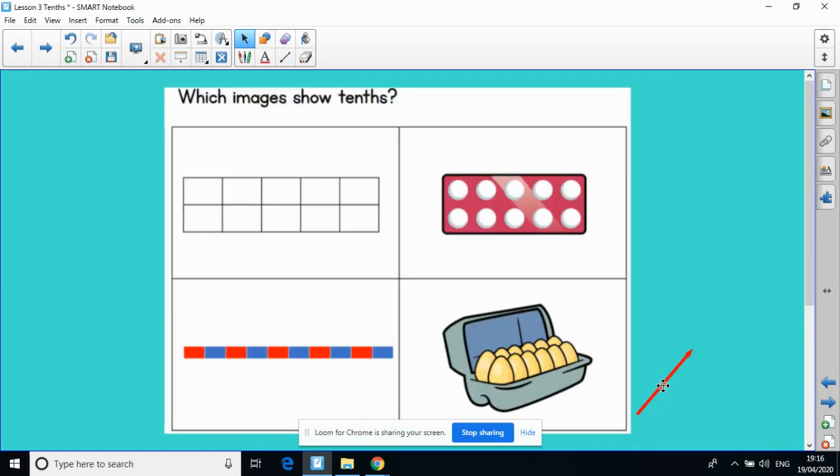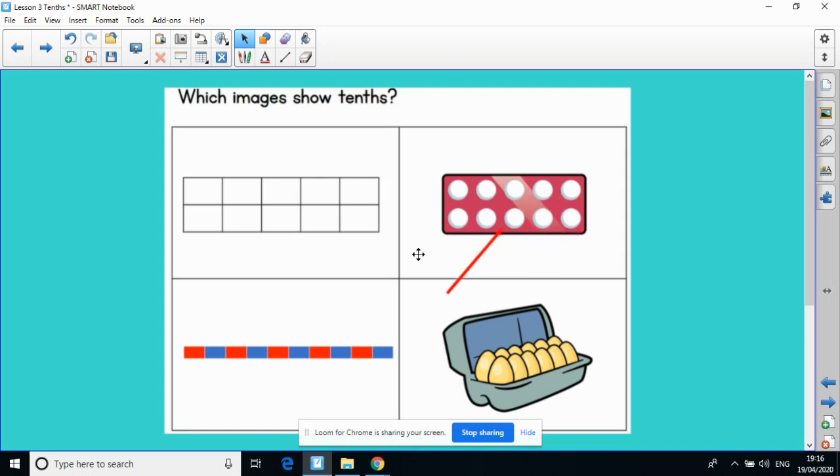Now here we have some images showing tenths, but which one doesn't show tenths? The rectangle is split into 10 equal squares. Therefore, it shows tenths. Can you find any more tenths, and which is the odd one out? That's right. Here we have 10 circles.